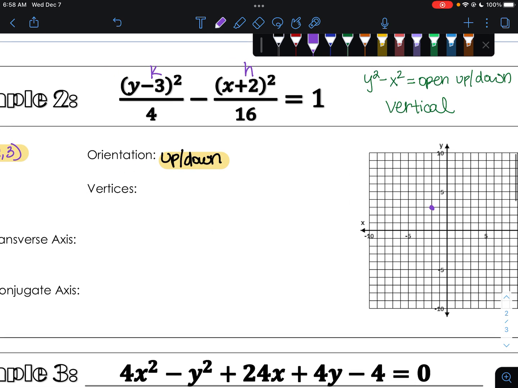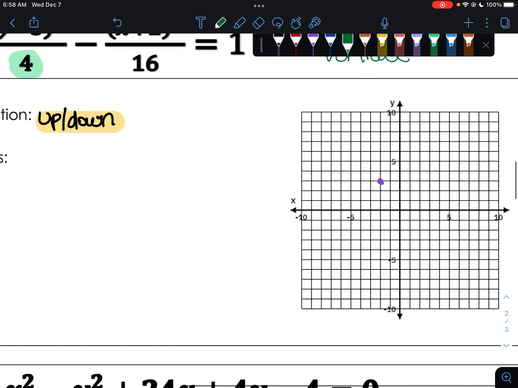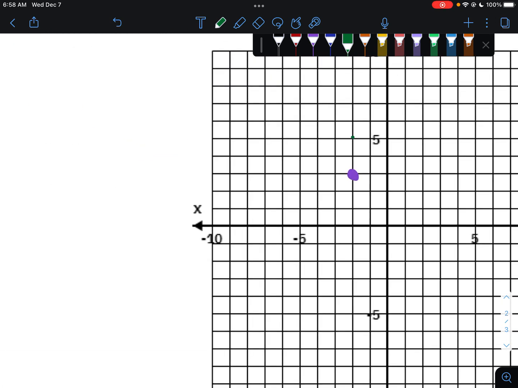Then you look under our first denominator. Our first denominator is 4. So that means a squared is equal to 4, which means a is equal to 2. So from the center, I'm going to go up 2, put a point, down 2, put a point. Those are my vertices.